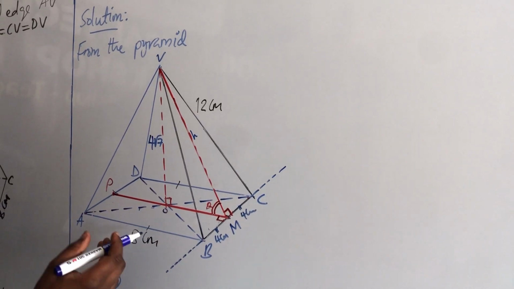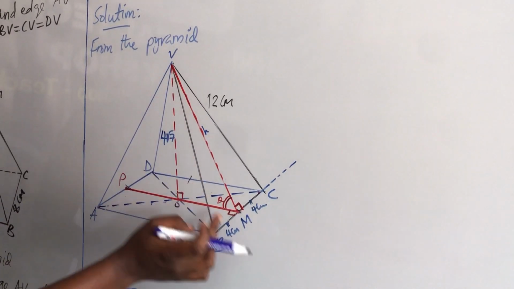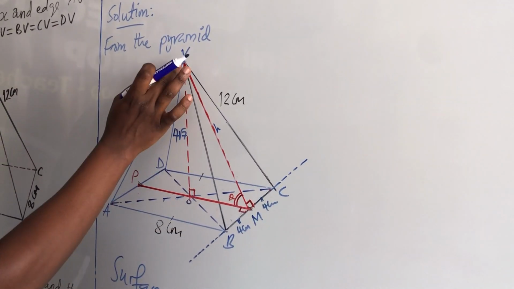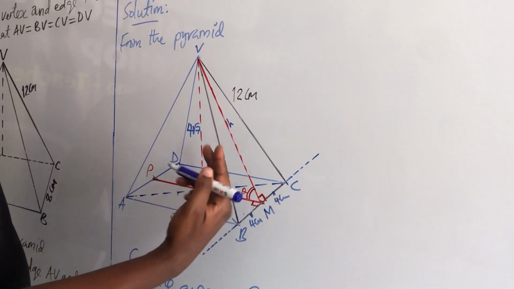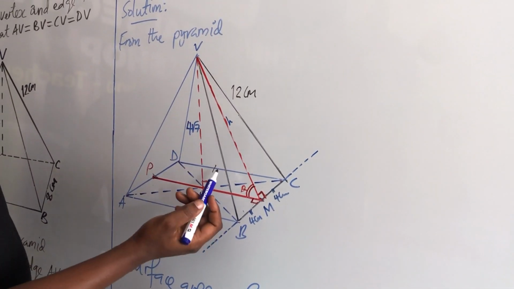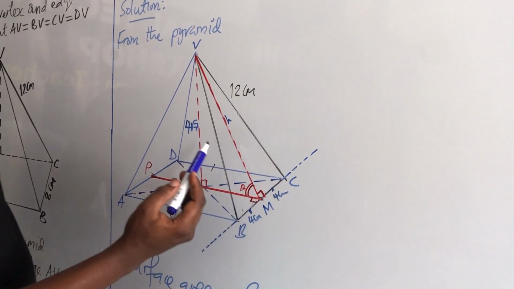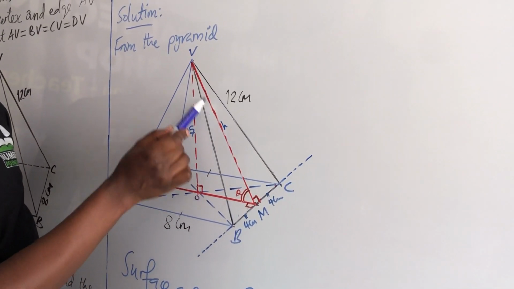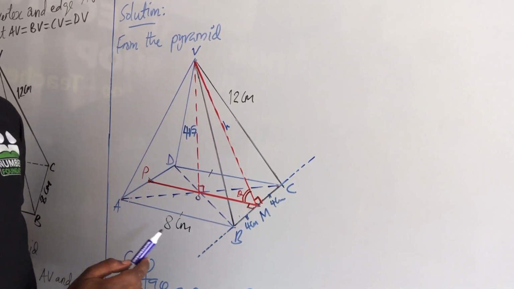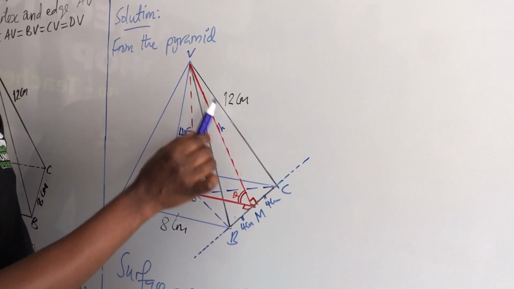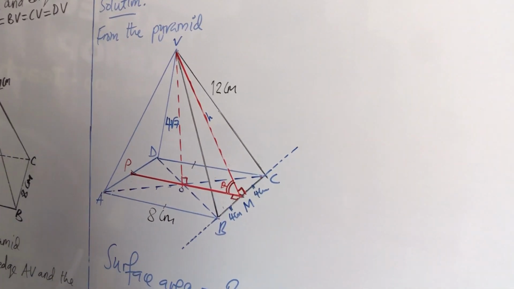So we consider triangle VMC or VMB. The two triangles are the same because they have a common side, VM. So we solve the value of VM, which will act like the height of the triangle.